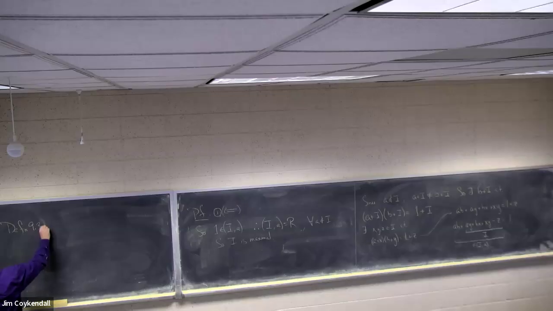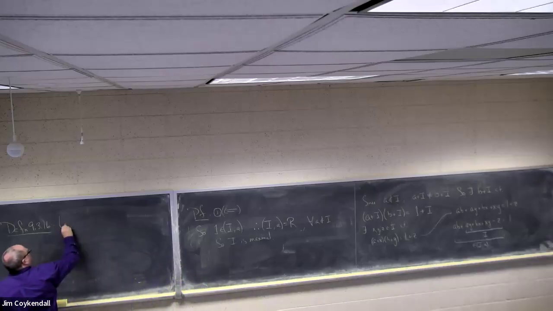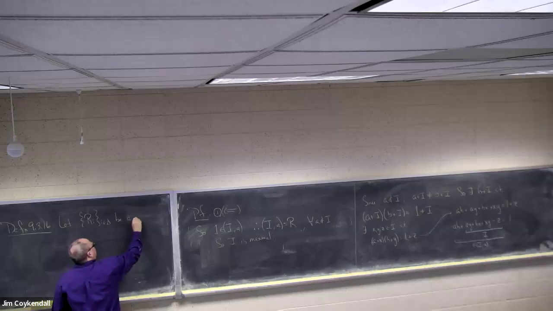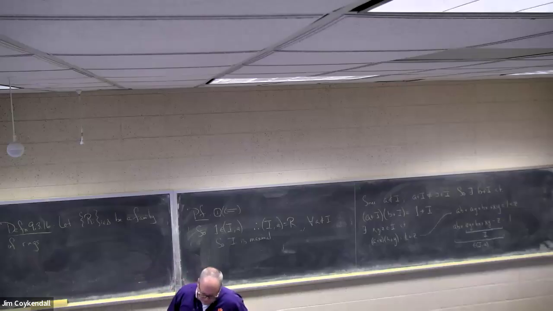I'm going to first define the direct product. I'm using some examples, at least in the finite case, it's easy to put together. So let me use something formal. Let R_i, i in I, be a family of rings. We define the direct product.